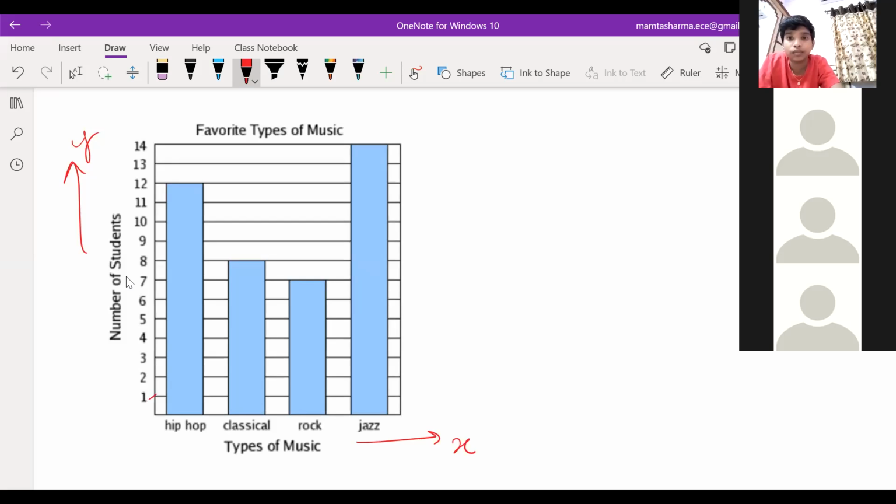Here, this 1 unit shows the scale. You have to mention that 1 unit equals 1 student. Always mention the unit, the scale of the y-axis.